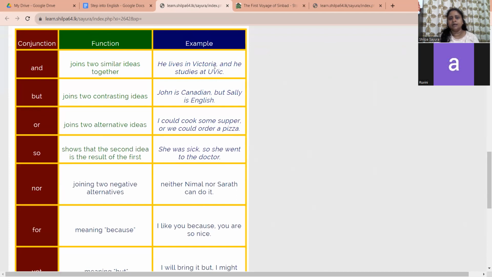So there's an example you can see. He lives in Victoria. He lives in Kandy. He lives in Colombo.